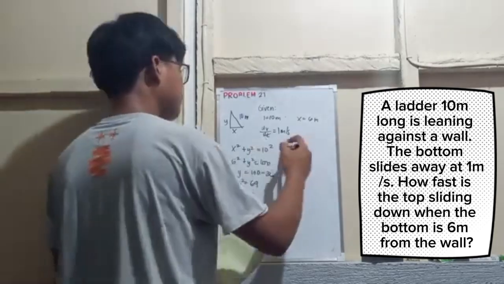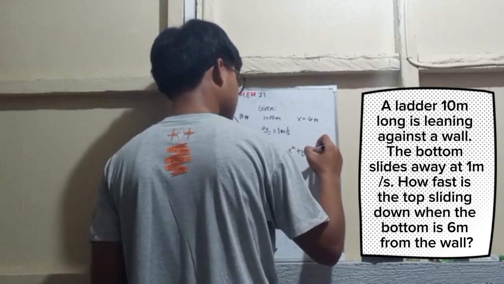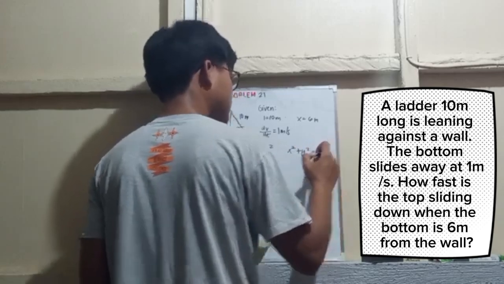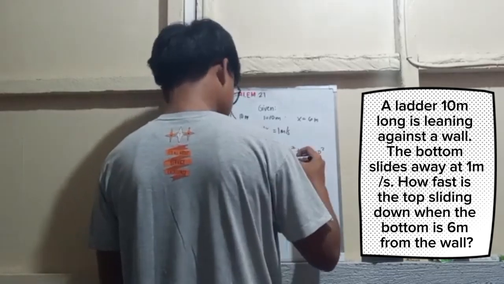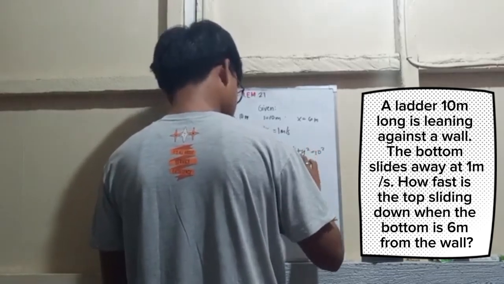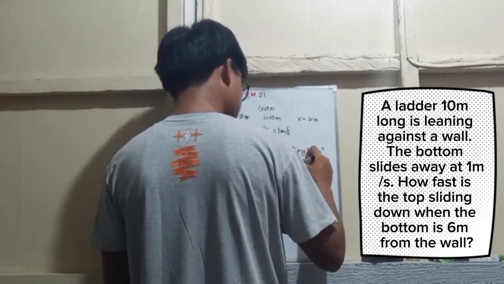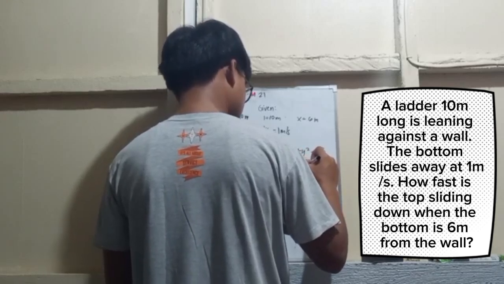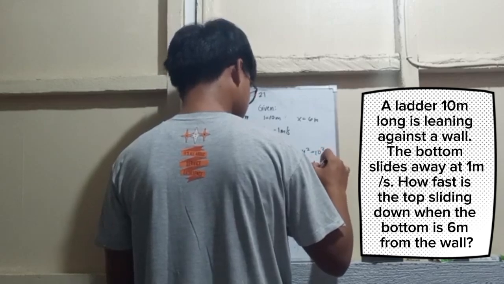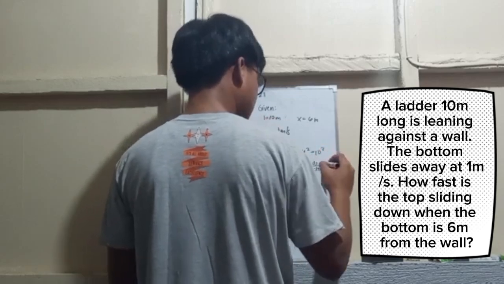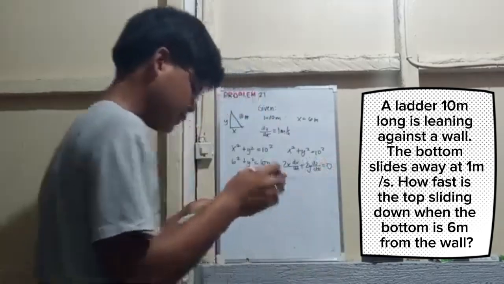Then we'll go back to the Pythagorean theorem, but now we will differentiate the formula. So we will get 2x dx/dt + 2y dy/dt, then we'll equate this to 0.